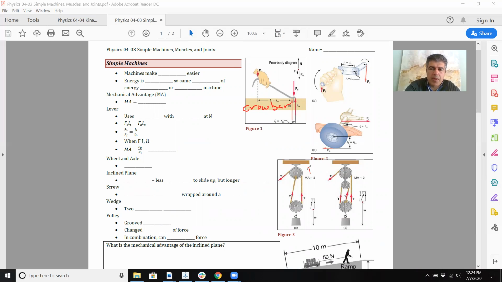Clearly here you have a pulley. Here's a ramp. I'm not sure what you call this. I mean, obviously this is an axle. I think this is a crankshaft, actually. Not 100% sure.